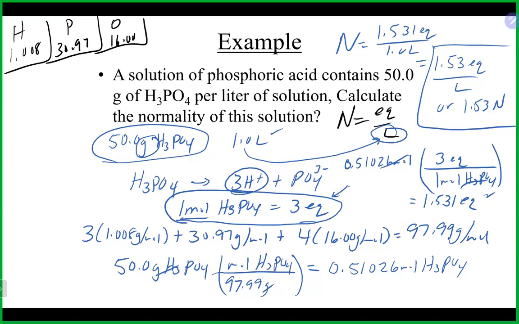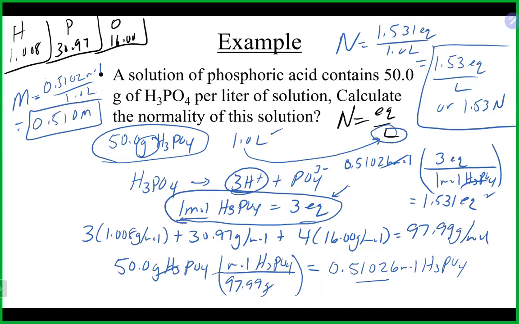Now, we do see sort of the opposite relationship. If we were to calculate the molarity of the solution, it would be our moles, 0.5102 moles per 1 liter, which would give us 0.510 molar.